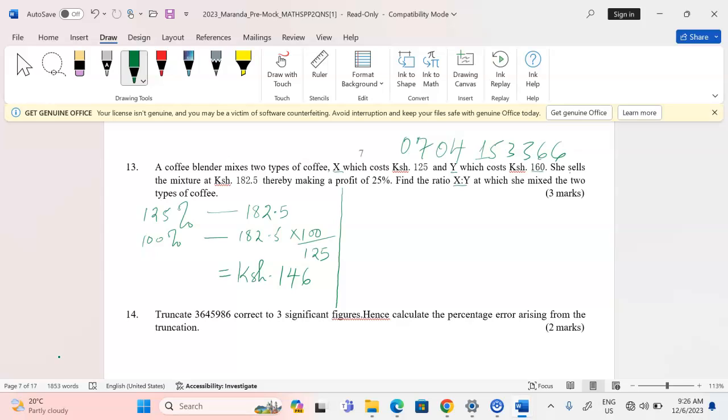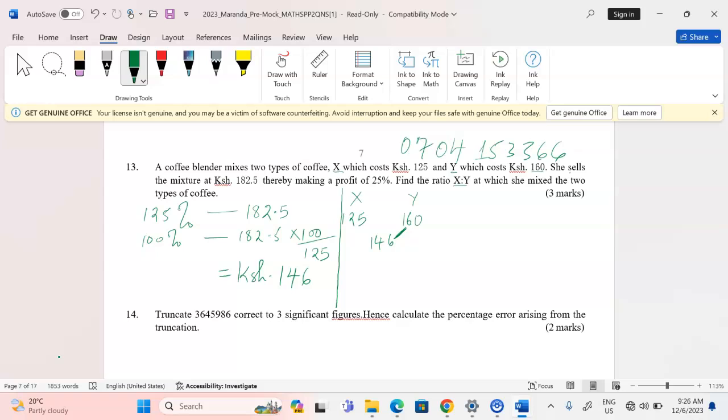I'll use two approaches. We can talk about X costing 125 and Y costing 160. Then the mixture costing 146. We place it there. Then now we can subtract 146 and 160.